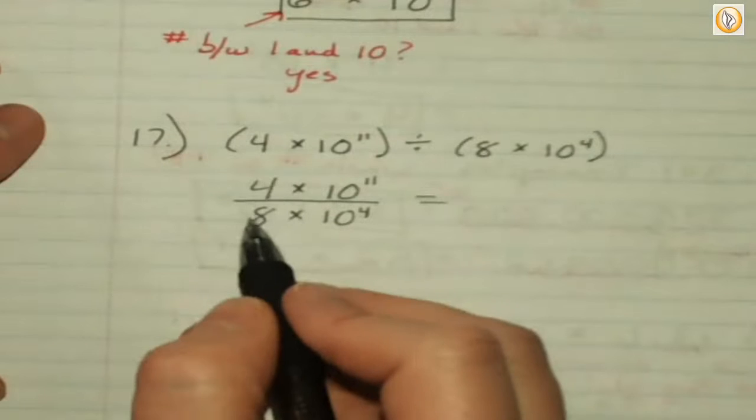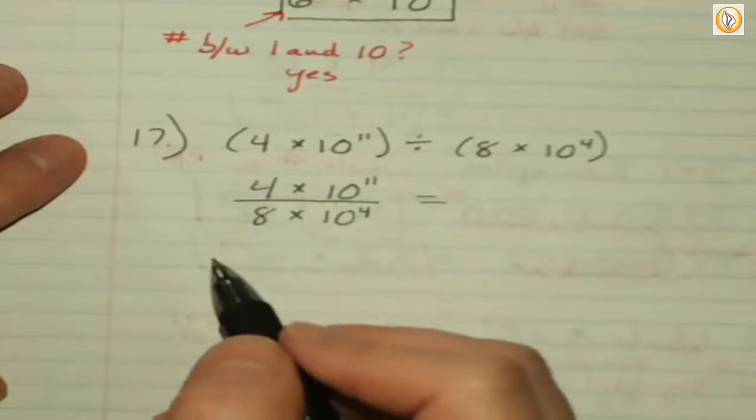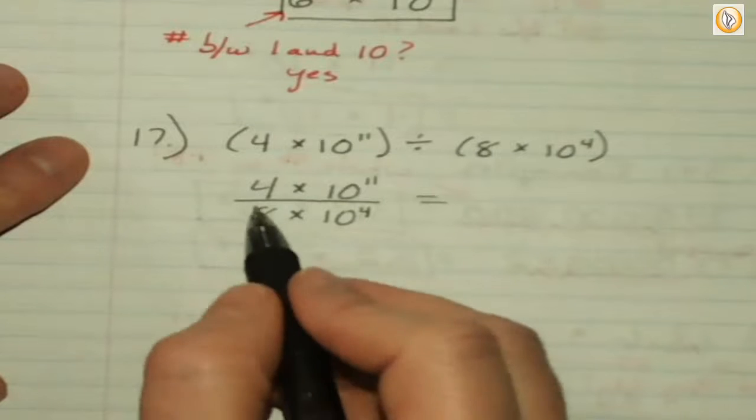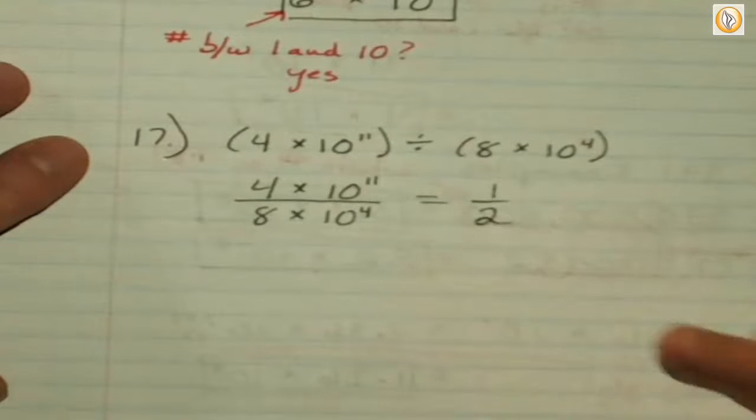Can I do 4 divided by 8, or can I just put these in lowest terms? Aiden, what would 4 over 8 be? 1/2.